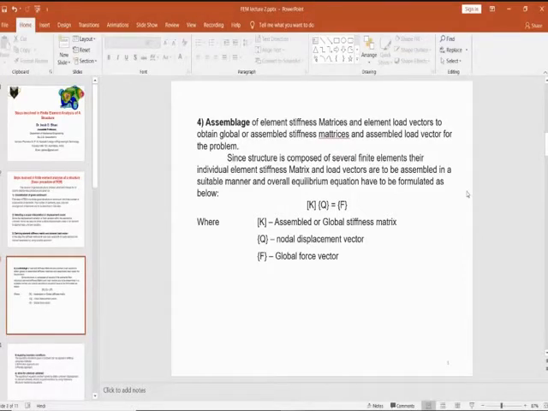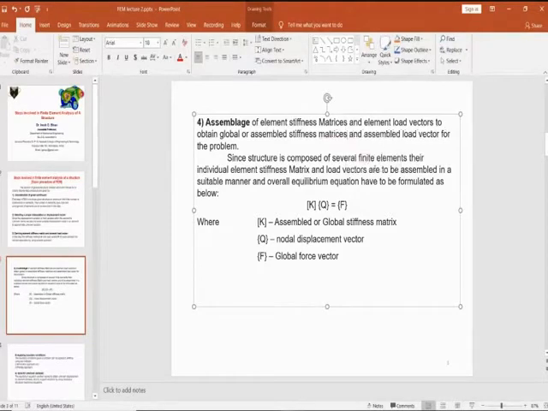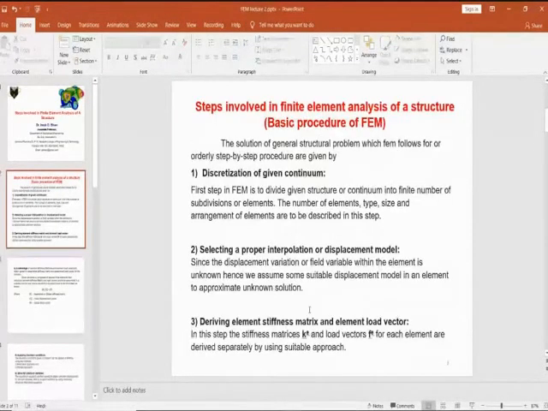Those K1, K2 are assembled together to obtain an assembled stiffness matrix. Those K1, K2 up to K10 are assembled together to obtain a single matrix, which is called the assembled stiffness matrix, and it is denoted by capital K. The element stiffness matrices were denoted by small k with superscript, that is k1, k2, k3, like that.